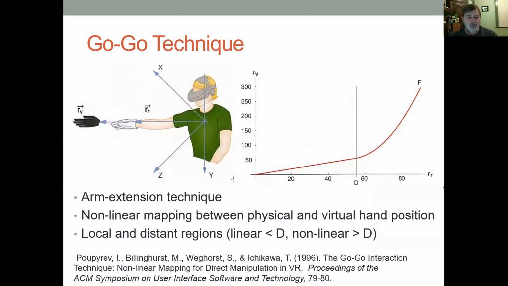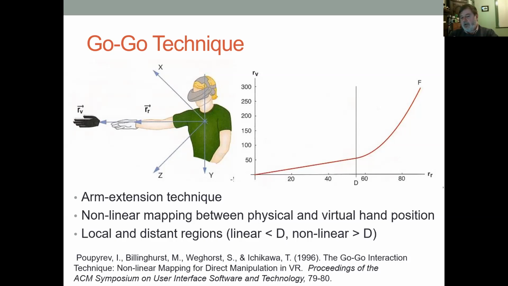Go-Go Arms, with Mark Billinghurst as one of the authors, is based on the idea that you interact normally within arm's reach. Let's say between my chest and 50% away from my chest is where I interact normally, but if I go farther than that, my hand extends away from my normal position.